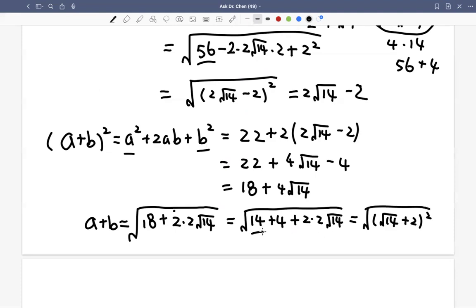Because 14 comes from square root of 14 squared, and 4 comes from 2 squared, and 2 times 2 square root of 14 is the middle term. The square cancels the square root, so this equals the square root of 14 plus 2. So A plus B is still an irrational number: square root of 14 plus 2.